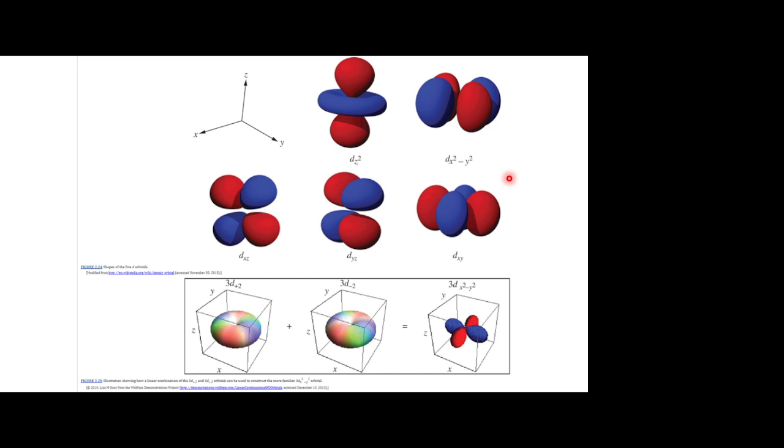On period 1, you only have space for 1 s orbital, don't you? And that's it. You don't have space for anything else. And so we go down to the next period, the next energy level. We have more space. Okay? And so we put in an s orbital. That's lithium, beryllium, Li-Be. Everybody okay with that so far? And then what we do is we start filling in the extra space with p orbitals.